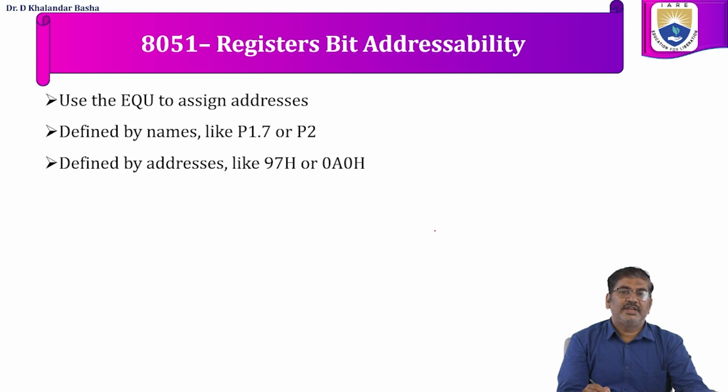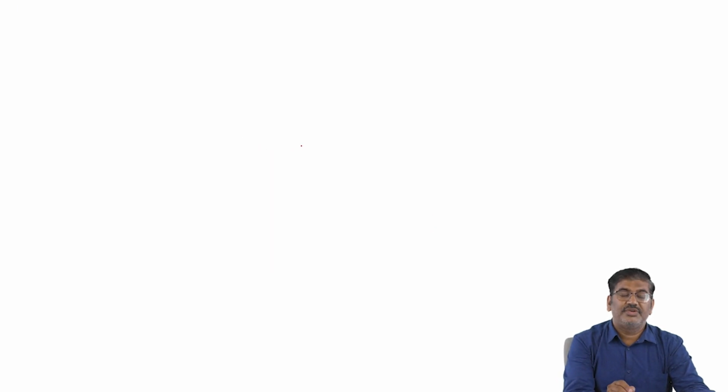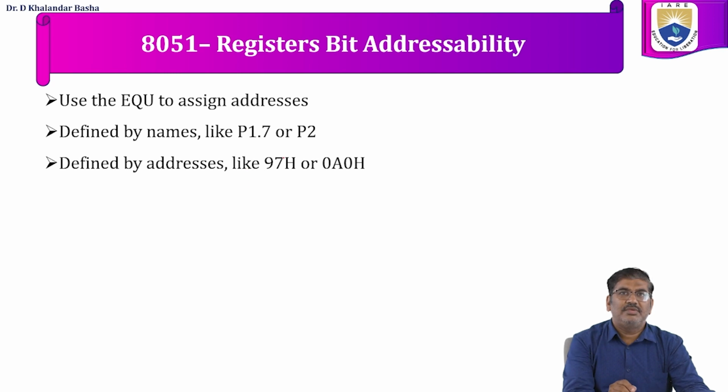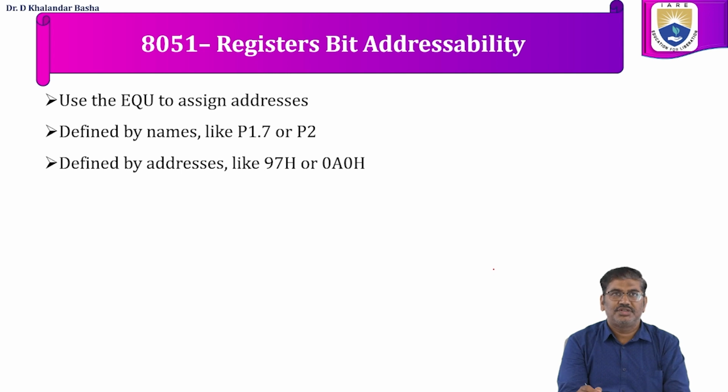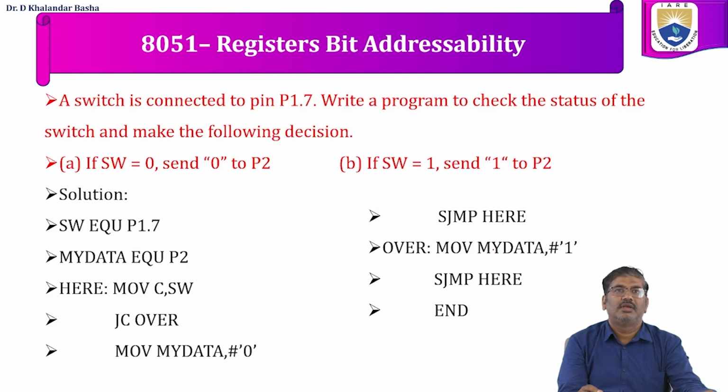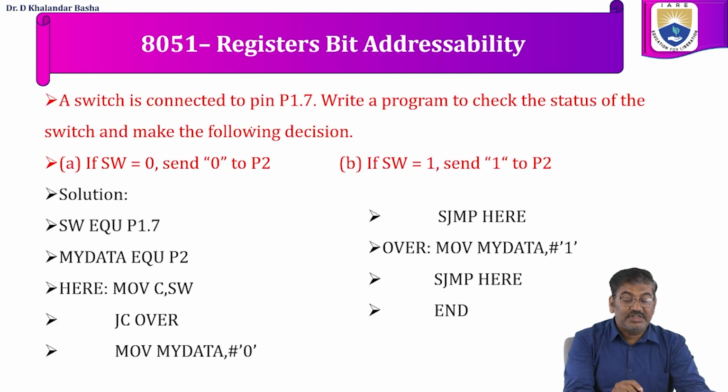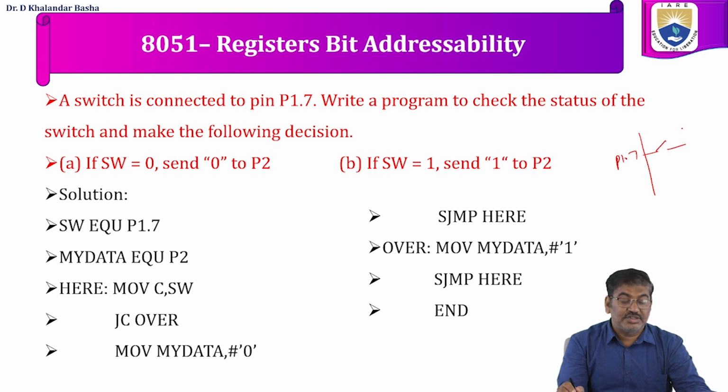Next one is the EQU directive, used for assigning names to addresses, like P1.7 or P2, defined by addresses like 97H or 80H. The switch is connected to P1.7. Write a program to check the status of the switch and make the following decision.